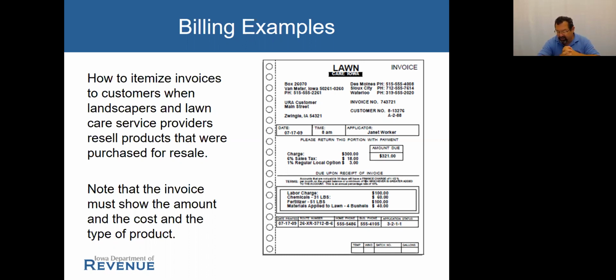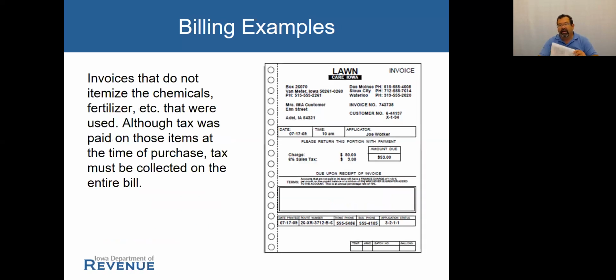The Iowa sales tax was 6%, and the local option 1%, for a grand total of $321. It's itemized below in the lower section. It's kind of hard for me to see on mine, but they broke it down into the various charges to come up with the grand total. It doesn't matter, however, whether it's itemized or a lump sum, because the entire amount is taxable.